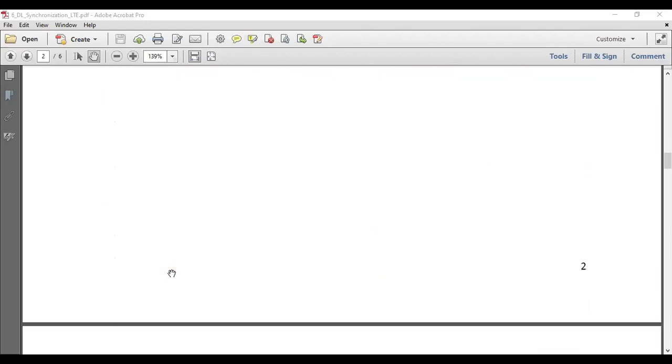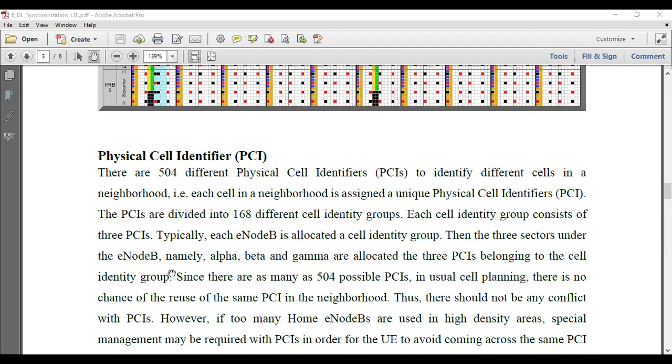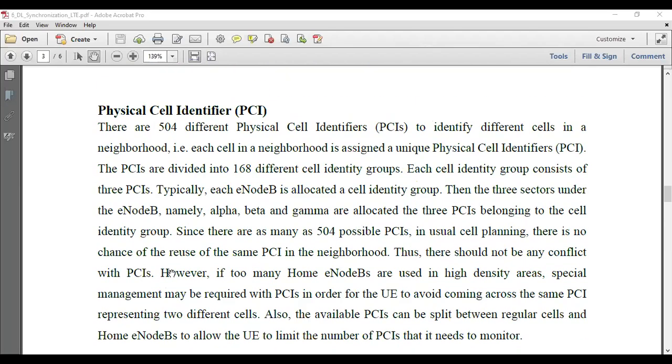Now, these identities in the case of LTE are called physical cell identifiers, PCIs. We discussed earlier that the possible number of variants should be good enough so that there is no repetition in a nearby cell.